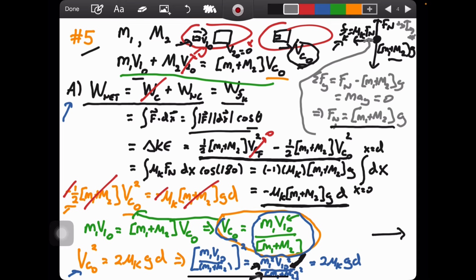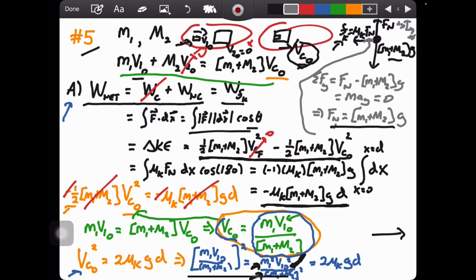Together, that equals the change in kinetic energy of the system. I explained what conservative forces were. The only conservative force that was a possibility in this problem was gravity, but because gravity was perpendicular to displacement, there's no work done by gravity, so we're left with non-conservative forces like friction.